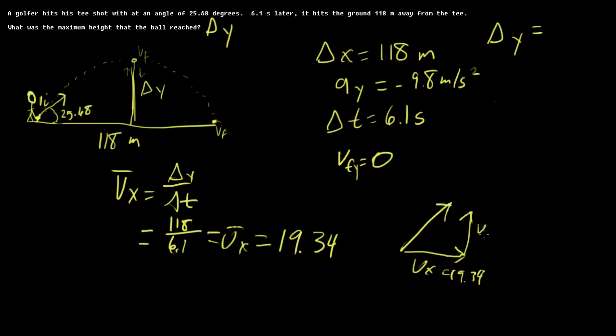Okay, if vx is 19.34, we can find vi. Why? Because we know 25.68.